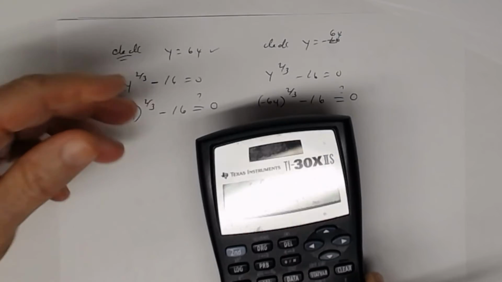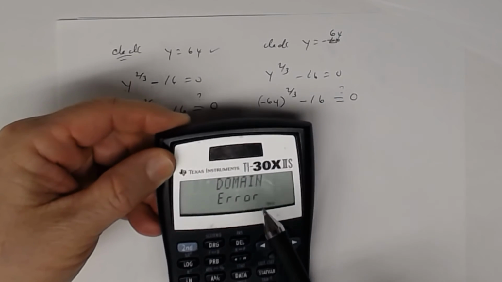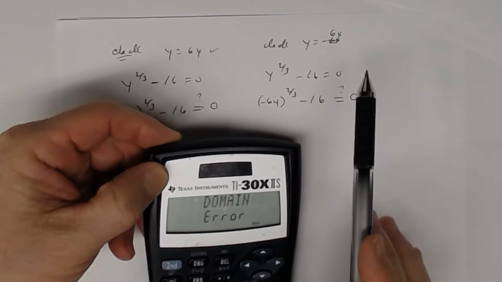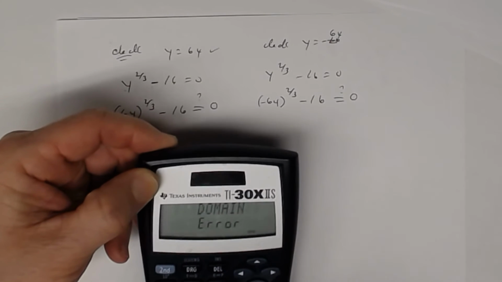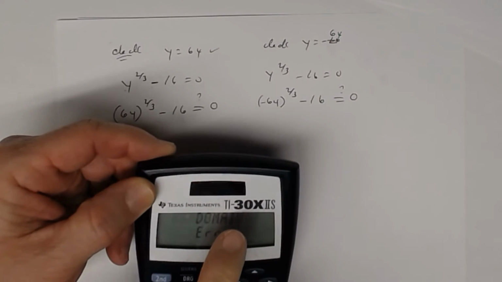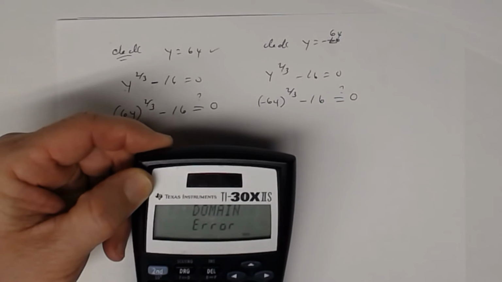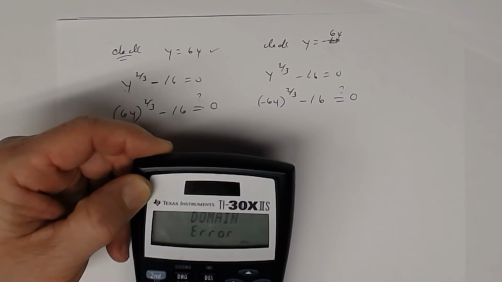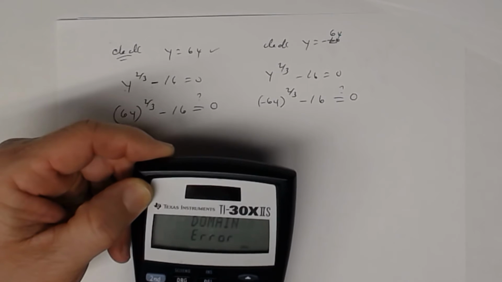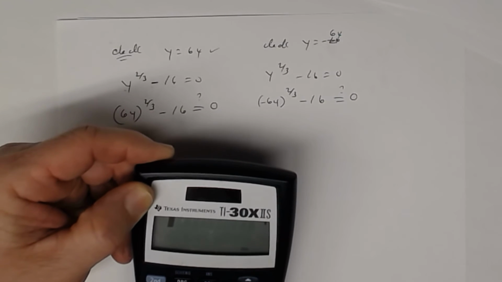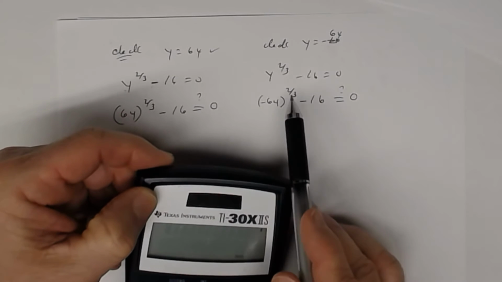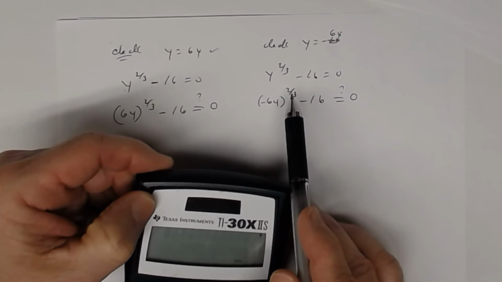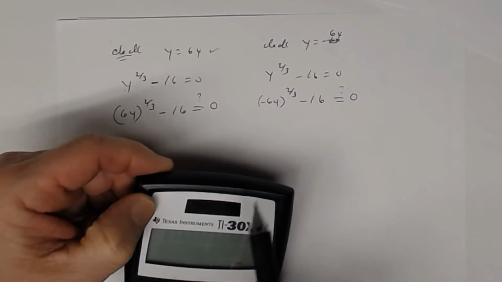Now, just be a little bit careful. Don't assume that this solution, -64, is not an actual solution. In this particular calculator, and in probably many calculators, when raising a negative number to an exponent that's not an integer, it will give you an error.